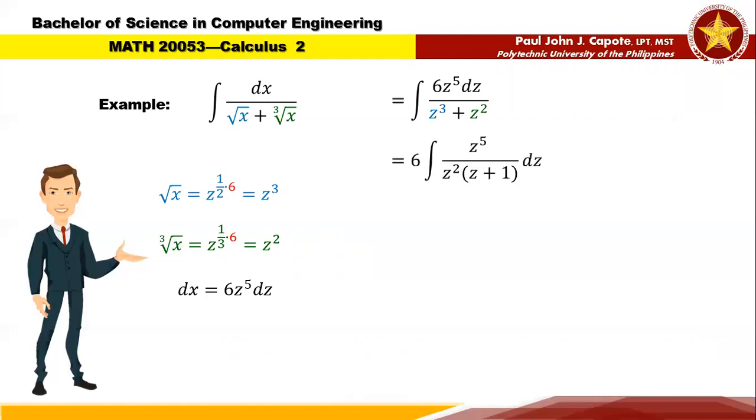Applying integral of the product, we have 6 times the integral of z raised to 5 all over z squared times the quantity z plus 1 dz. We have 6 times the integral of z cubed all over z plus 1 dz.